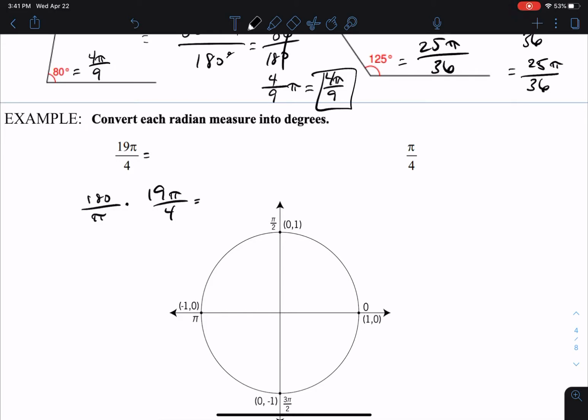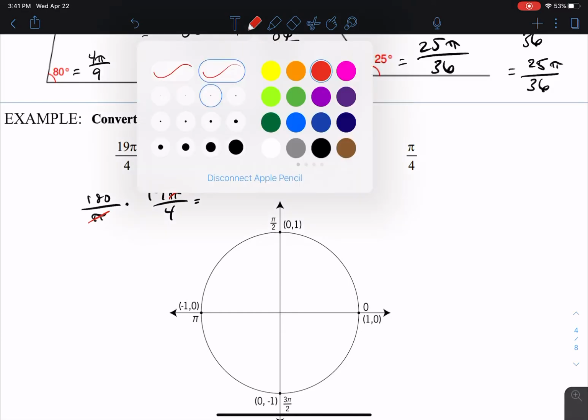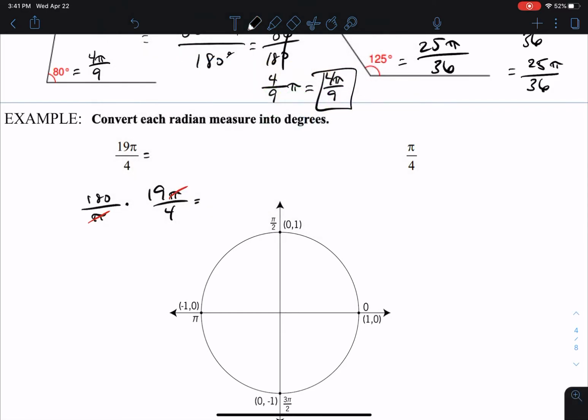The pi's cancel out, and then you reduce as much as you can. This reduces to 2, this reduces to 90, and then I can reduce it again to 45. So now we have 45 times 19, and 45 times 19 is 855.